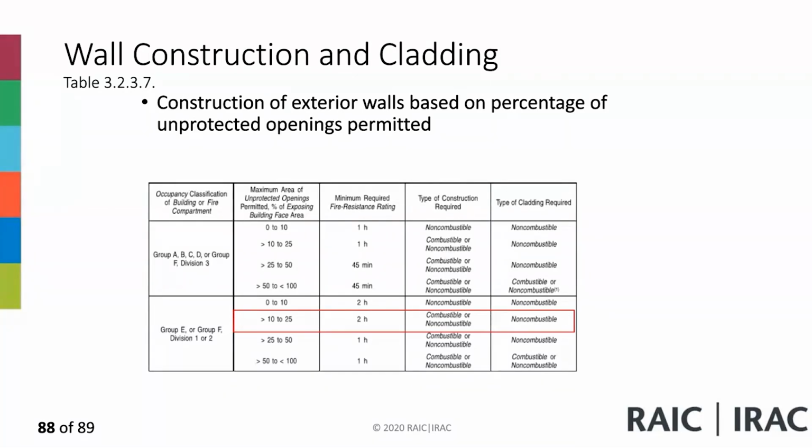And when we talk about exposure protection based on exposing building faces and fire separations, the distance between the buildings dictates the limiting distance. The limiting distance is determined based on the distance of the exterior wall closest to the property line to the property line, or the distance from each fire compartment exposing building face to the property line.